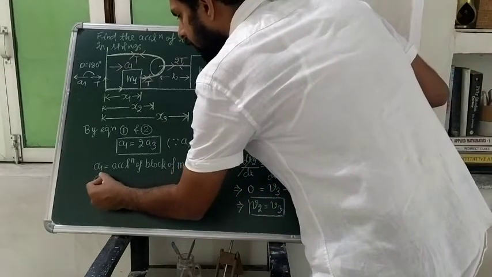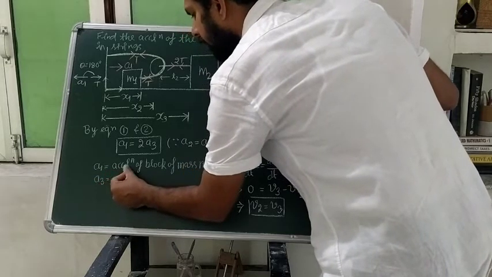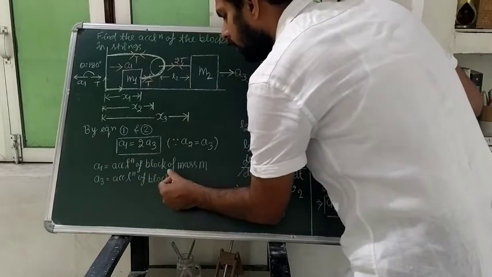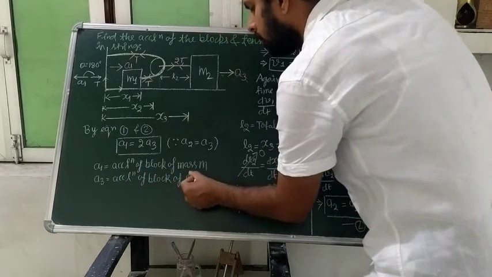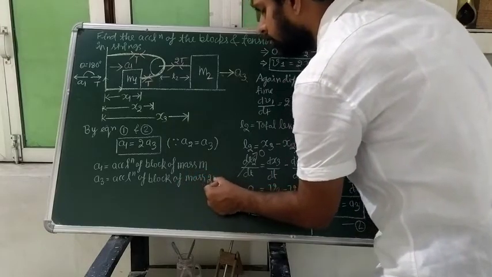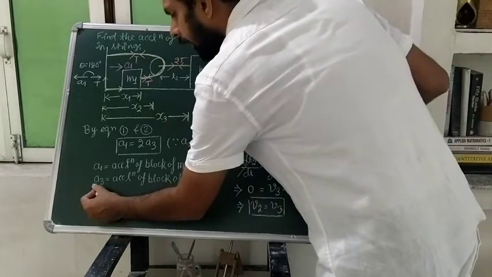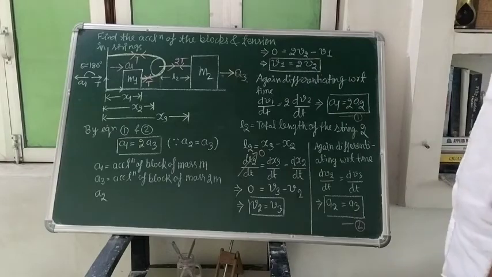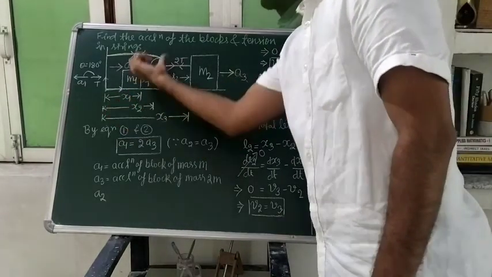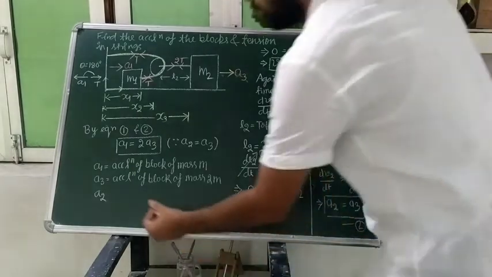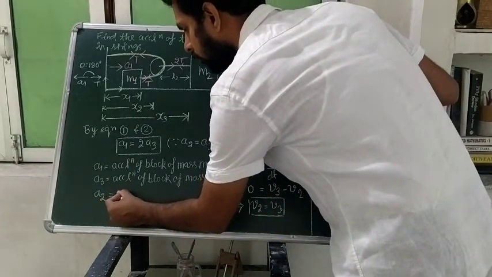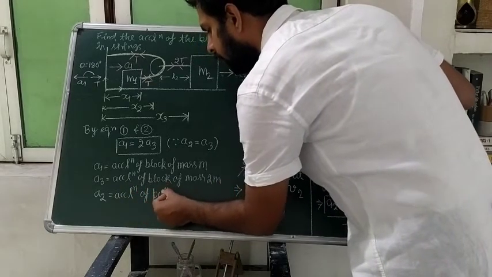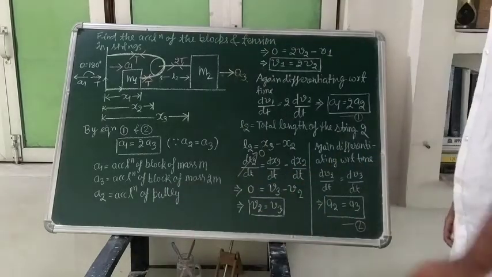A3 is representing the acceleration of block of mass 2m, and A2 will represent the acceleration of that pulley. Isn't it? This is x2 distance, so it will be the acceleration of the pulley. And the pulley will be in a moving situation.